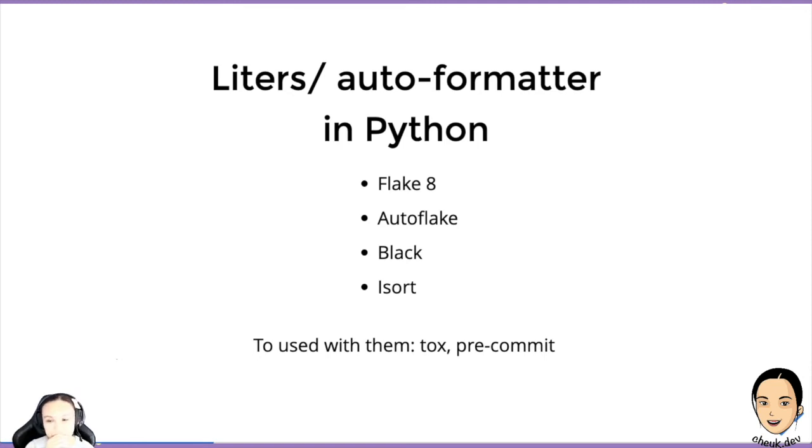So what are those things? You would usually use them together with your linter and auto formatter, because you may want to run all of them before you push your code. The best way to do that is to put it in a single command that runs all of them. So both can do it for you.